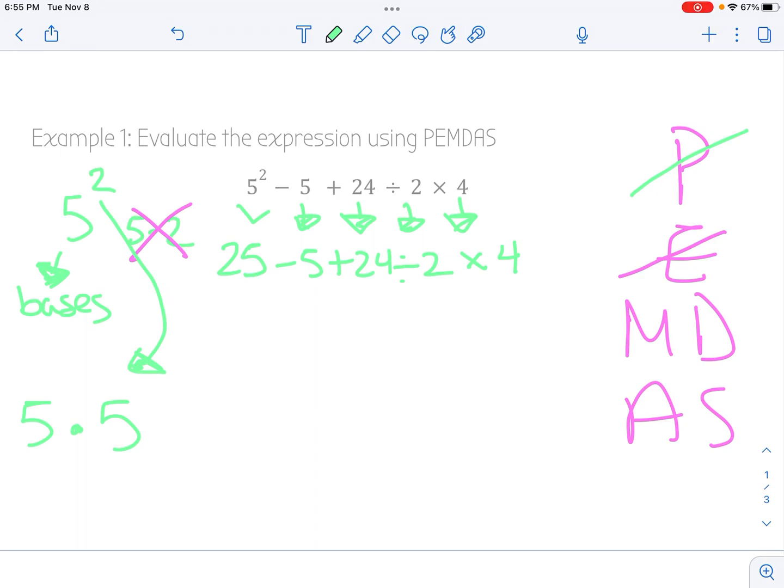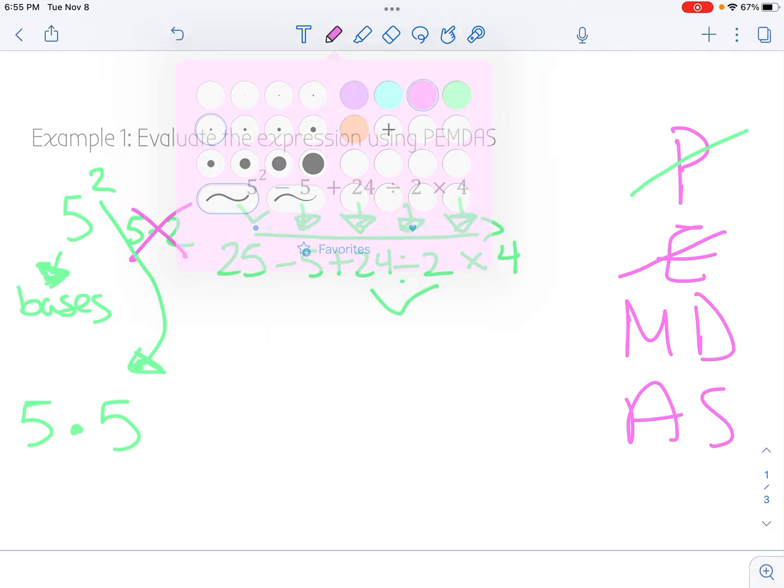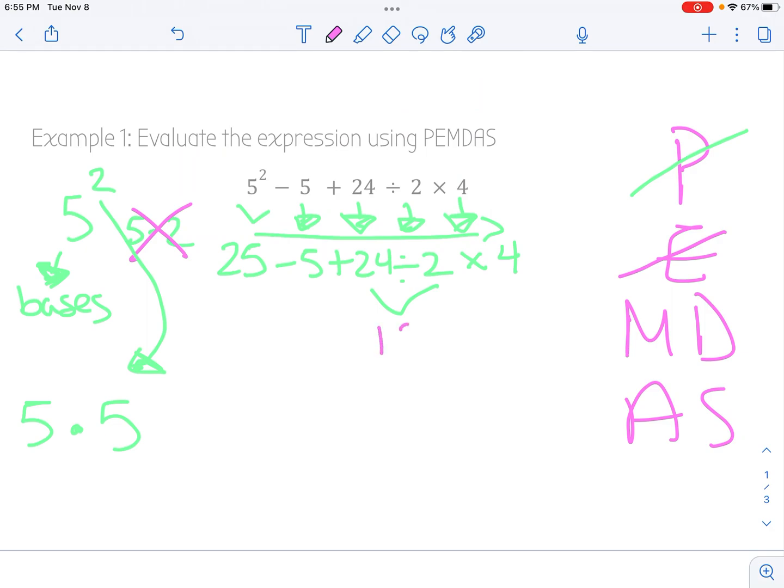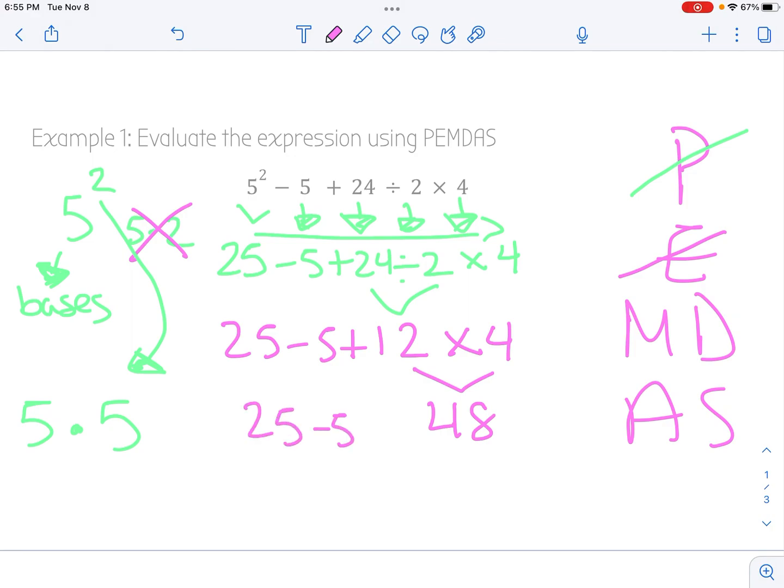This is why it's important to solve left to right, because my division comes first. 24 divided by 2 is 12. I'm going to bring everything else down. Next, I have multiplication, 12 times 4. 12 times 4 is 48. And again, I'm going to bring everything else down so I don't lose my placing.